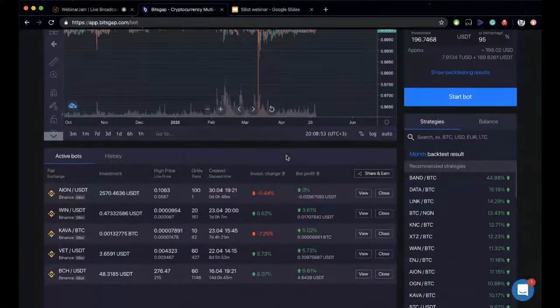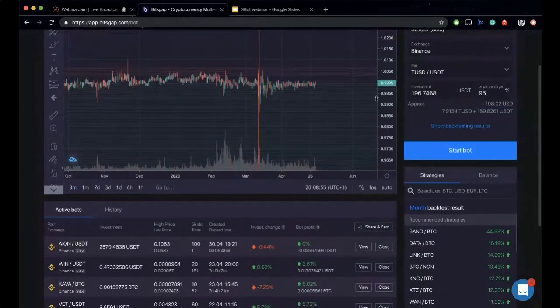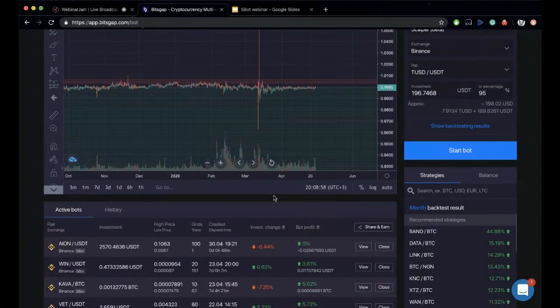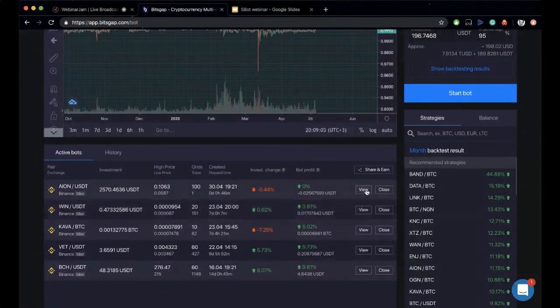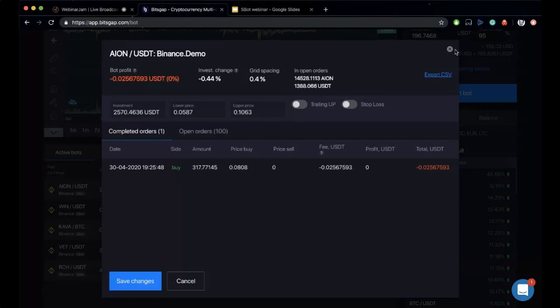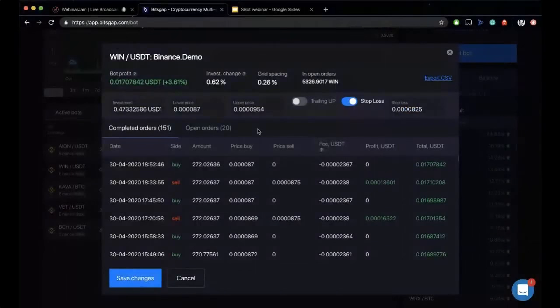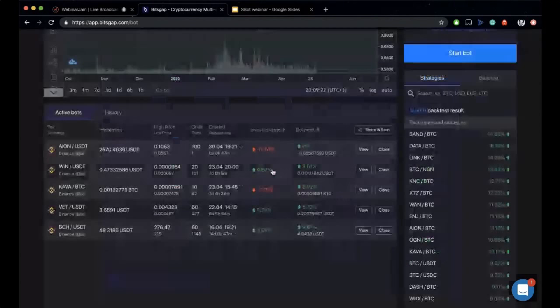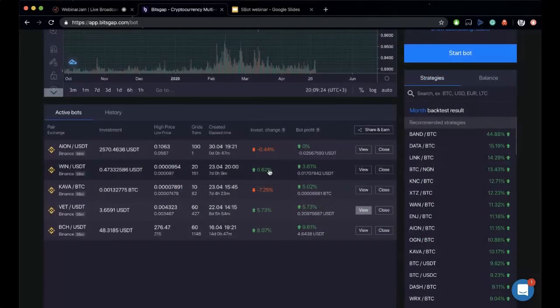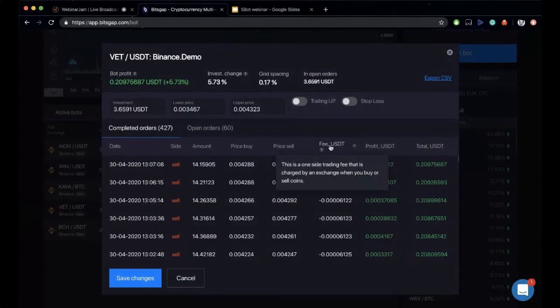What I wanted to show you is that when you use automated trading bots at Bitsgap, what makes it unique is that all of the fees that occur when you buy and sell orders are already priced into the strategy. So when you click on any of the active trades, you see that there is a fee column.